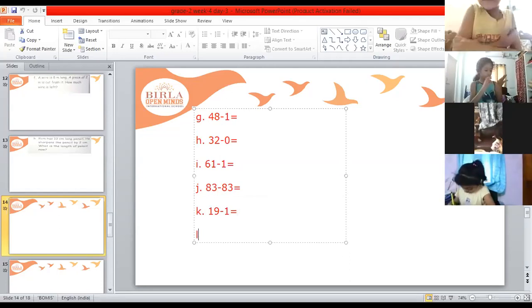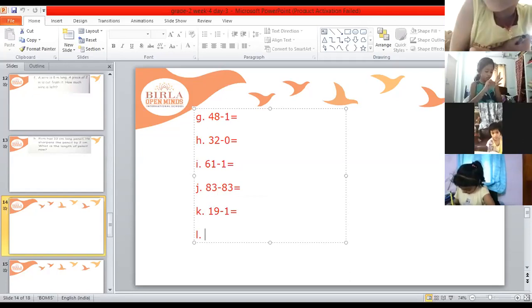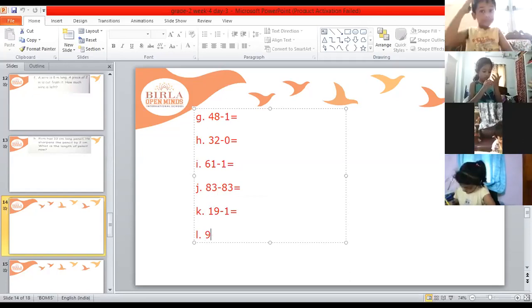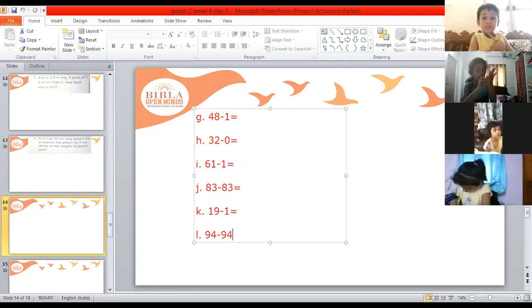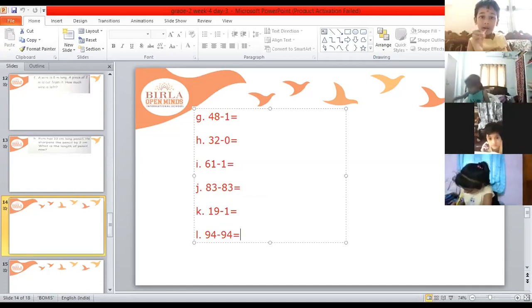And last bit, 94 minus 94 is equal to how much?